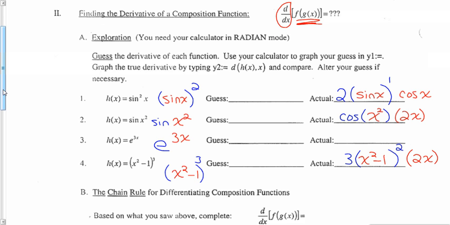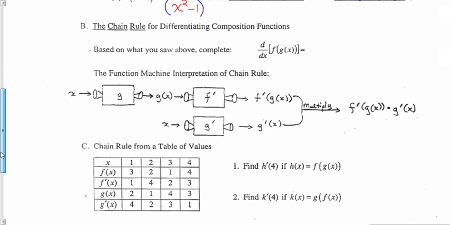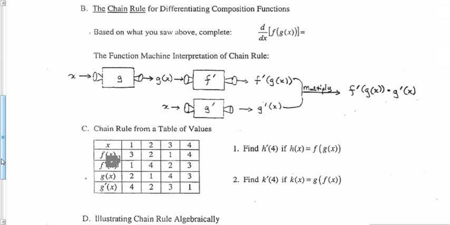Moving on to part B. So this is the actual function machine of what's happening with the chain rule. We're going to take our x and plug it into g, and we're going to output this g. Then we're going to have the derivative of the outside of the g, which was my inside.